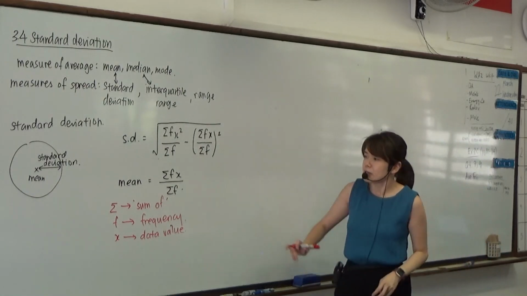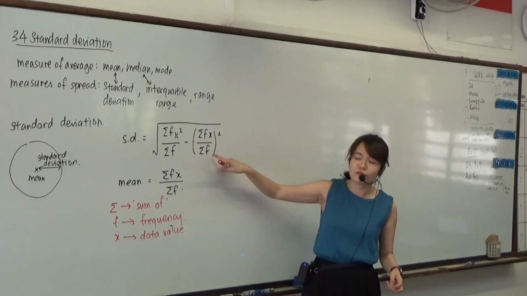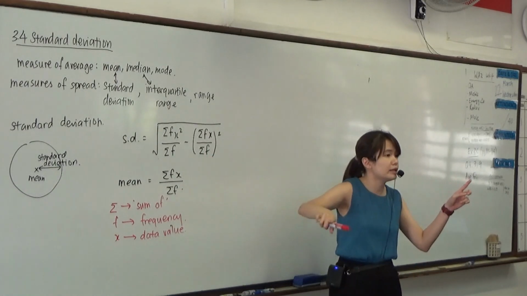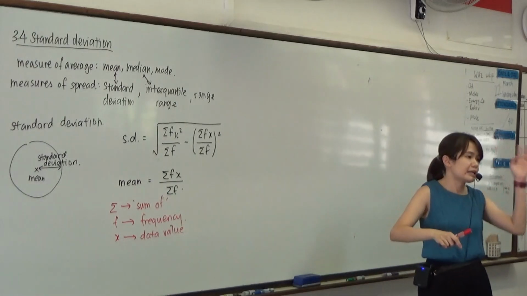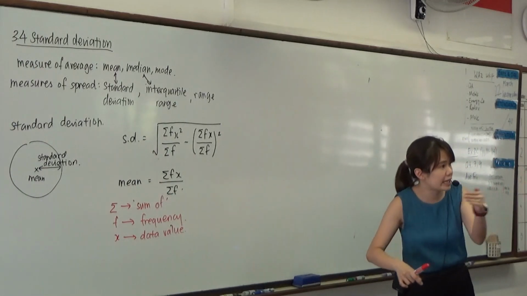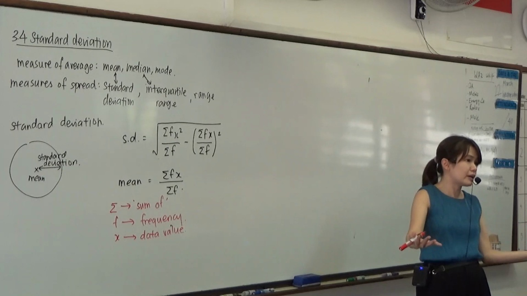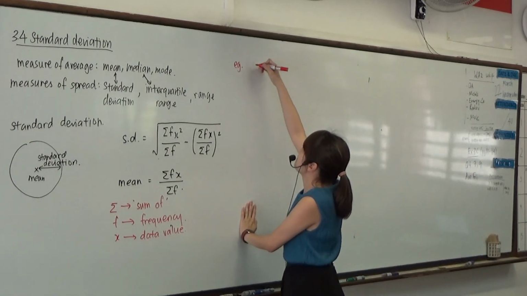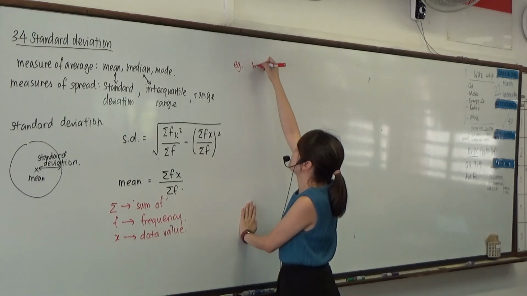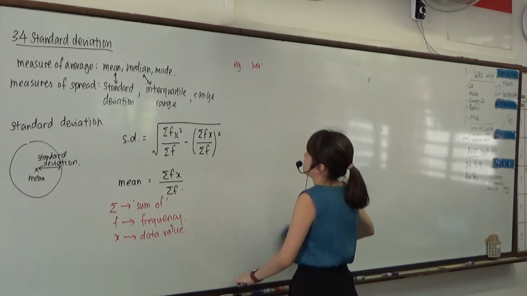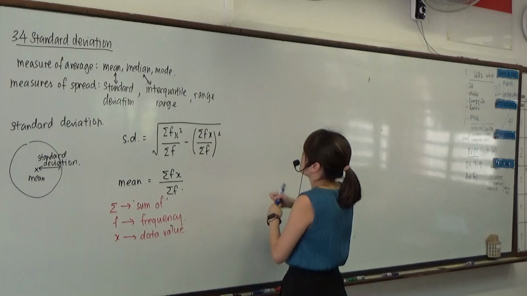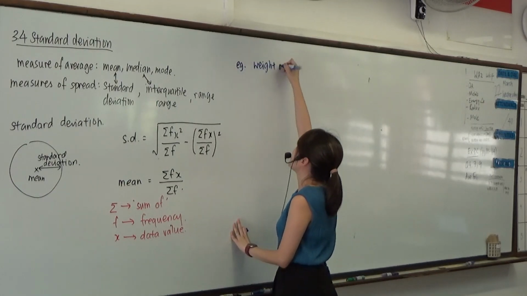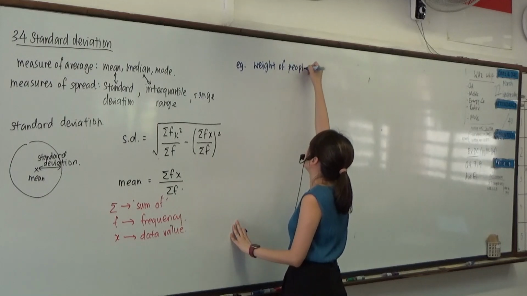Okay, so mean is actually this one over here. First, we understand what mean is. Mean we know that it is always taking the data values, add together, divide by the total number of everyone, right? So for example, maybe we are looking at the weight of people in this class. I'm not going to ask people's weight, don't worry.